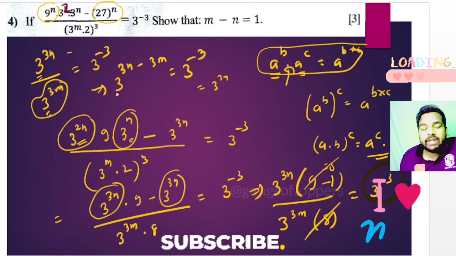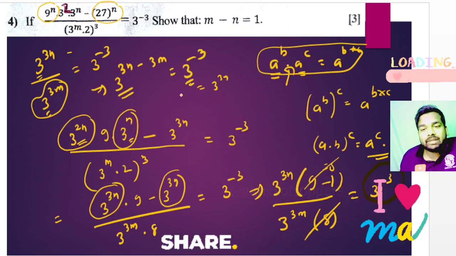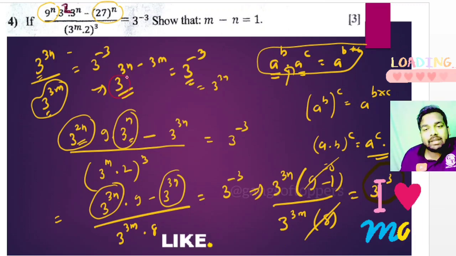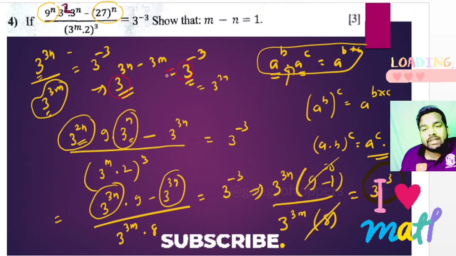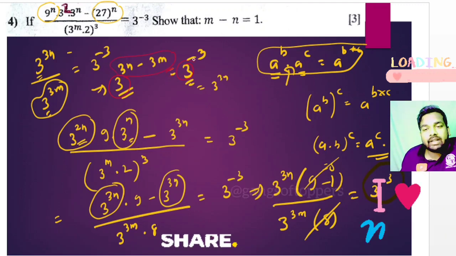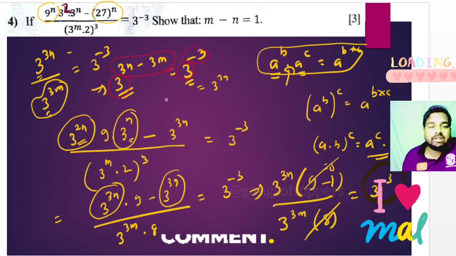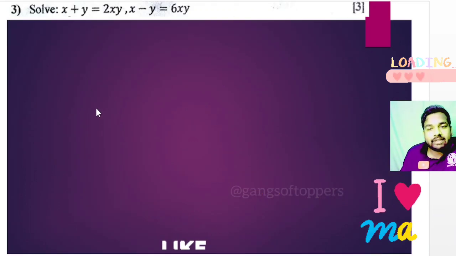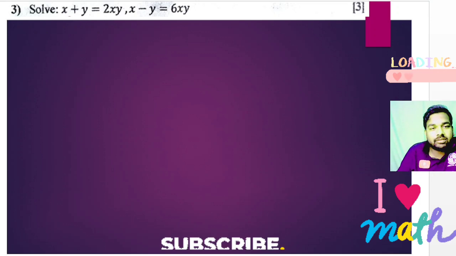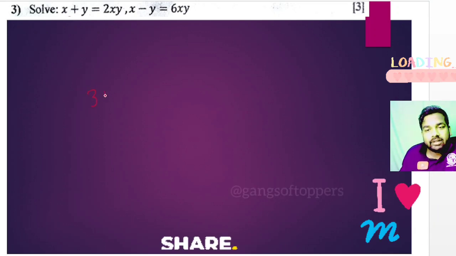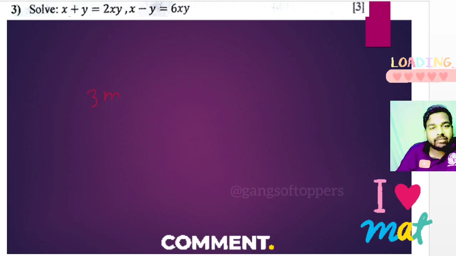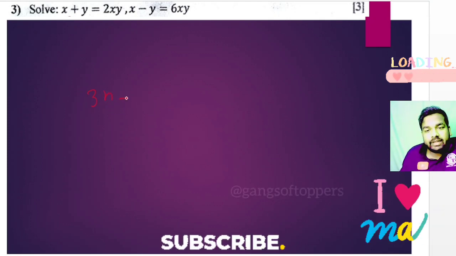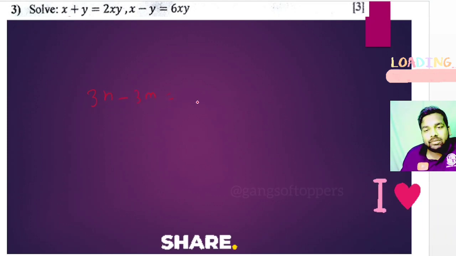Now here the base is same, you can utilize the concept that since the base is same and it is equal, this one and this one is same, so just compare the powers, that is 3n minus 3m is equal to minus 3.